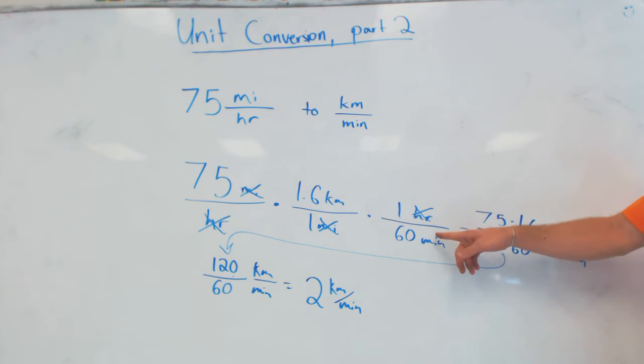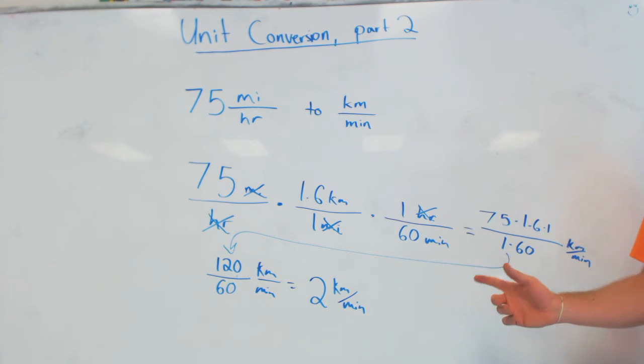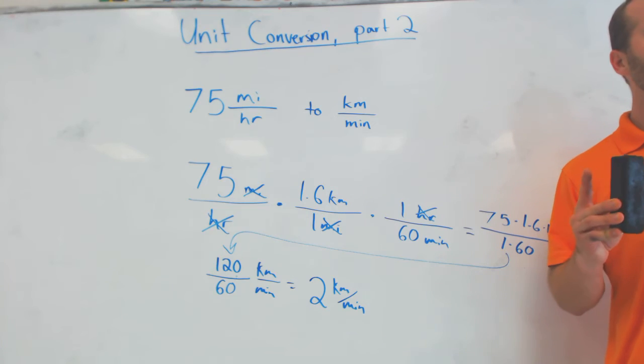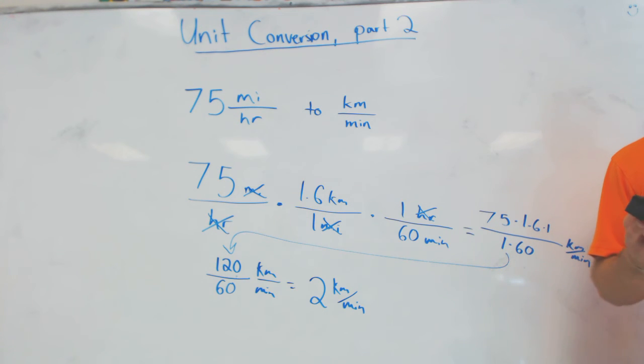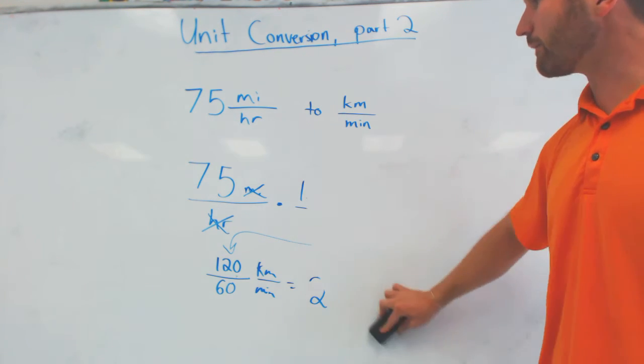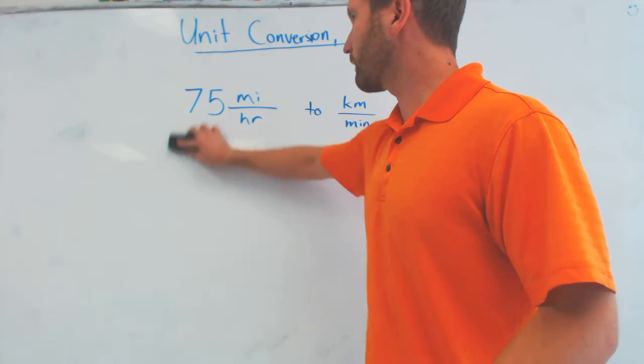The second one converted hours to minutes. Now, I'm going to show you one other example of when we would use 2 or even 3 conversion factors. And this is an example that's not obvious, which is why I'm going to show it to you.